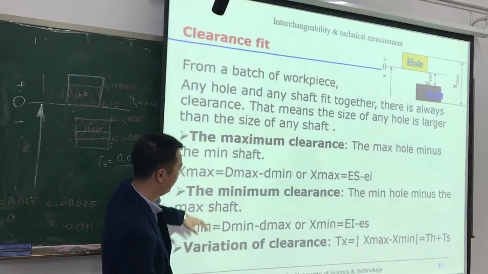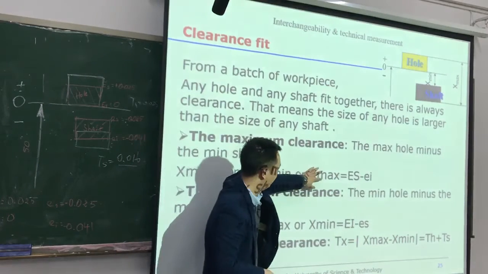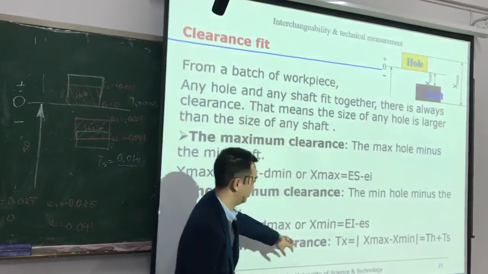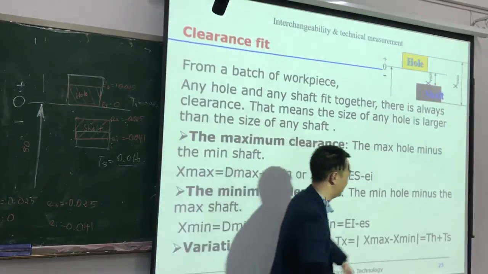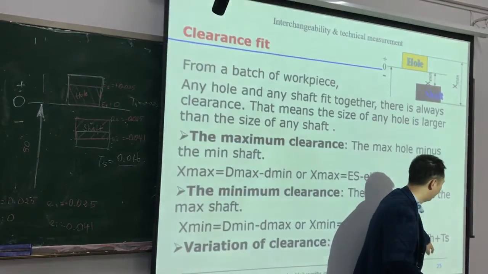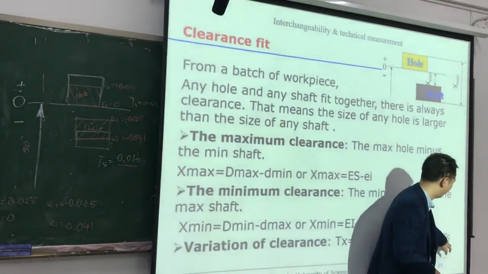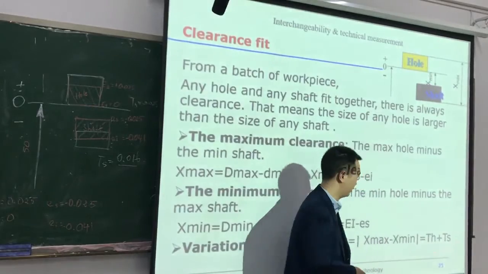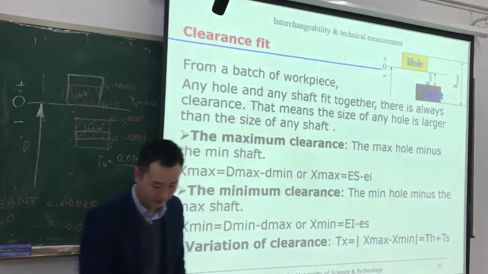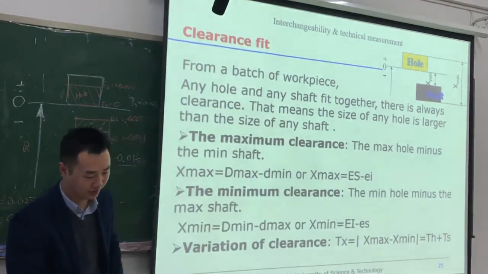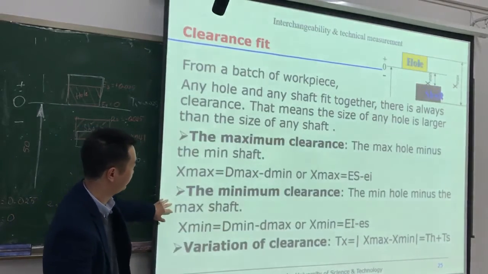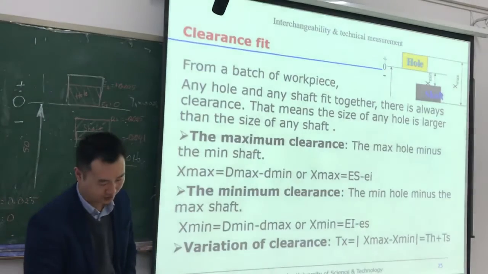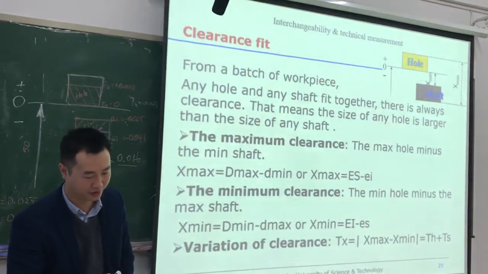If we put the equations into this, we can find that it also equals the tolerance of the hole plus the tolerance of the shaft. You can get the variation of the clearance. So this is about the clearance fit.